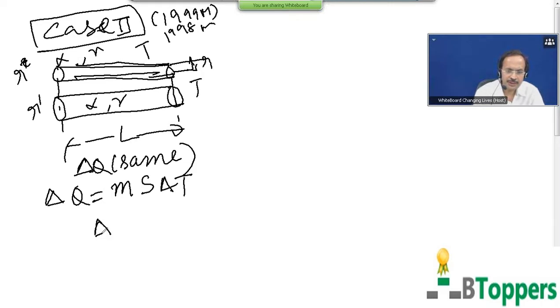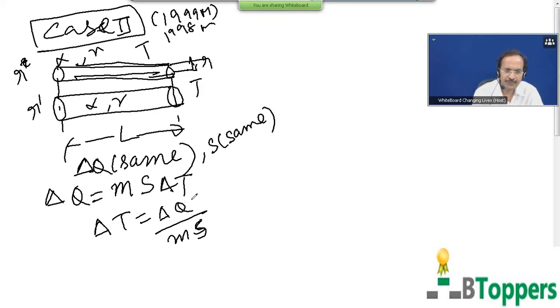So here, delta Q can be written as m S delta T. When both the solids are made up of the same metal and they are at the same temperature, specific heat S will also be the same for both the metal rods. Delta Q is the same.